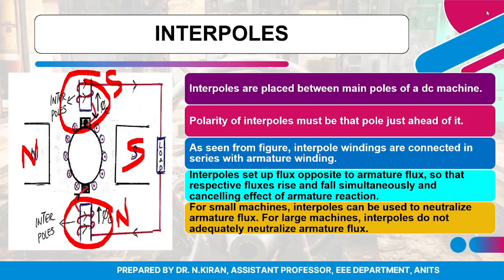But this effect can only be seen greatly in small machines. For larger DC machines the interpole will not considerably neutralize the armature flux. So this remedy is only applicable for small DC machines.